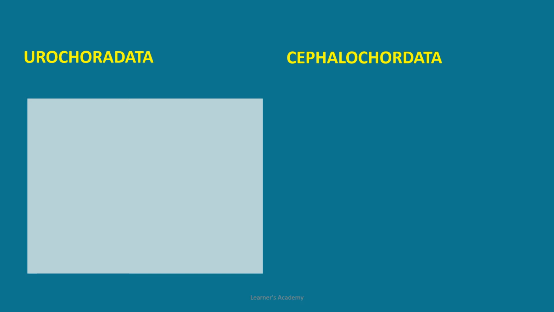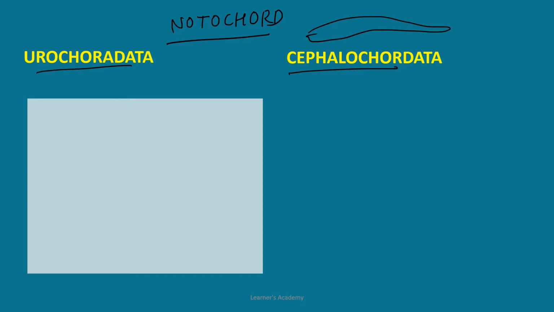Let us understand the difference between urochordata and cephalochordata. And for that, again, you need to know what a notochord is. Notochord, as I told you, is a very long rod-like supporting structure which is present on the dorsal side of the body, and it actually isolates the nerve tissue from the remaining body.